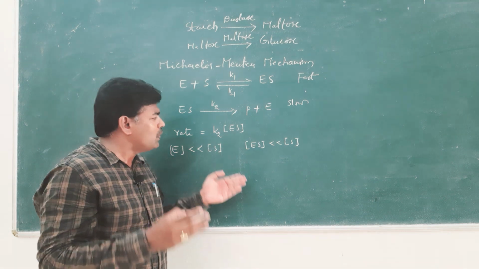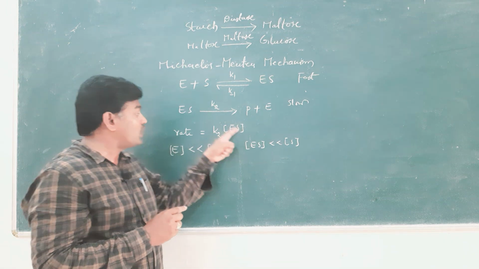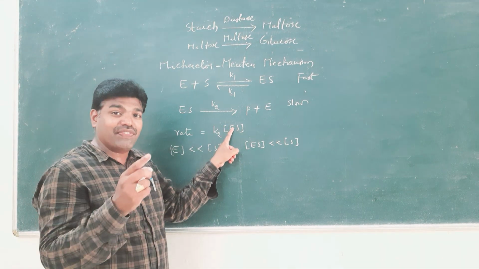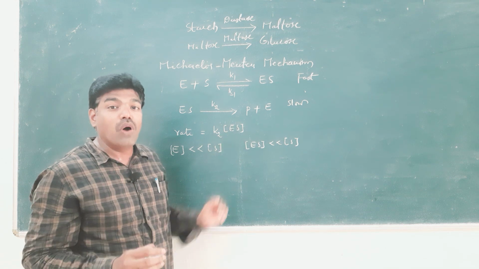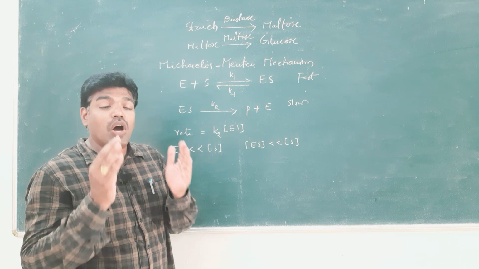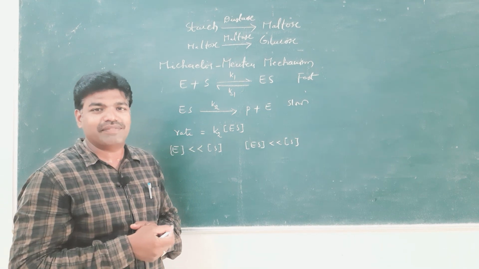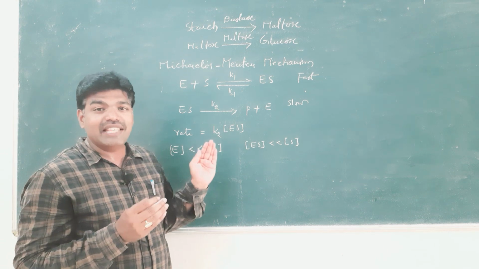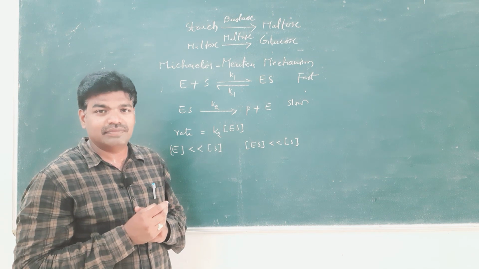But we need to substitute the concentration of enzyme substrate complex to get the rate of this reaction. How can we measure such a low enzyme substrate complex concentration?